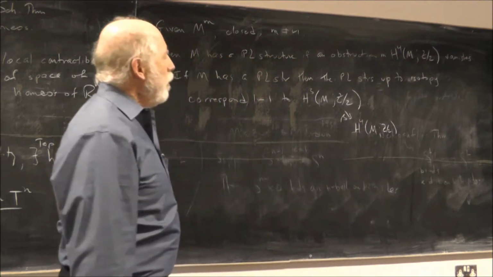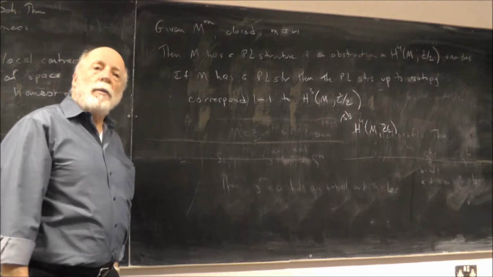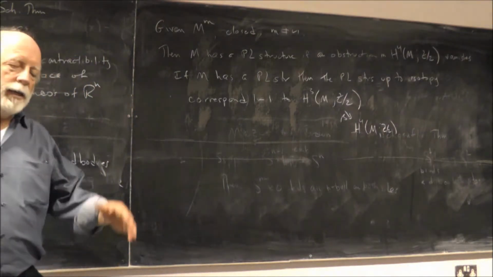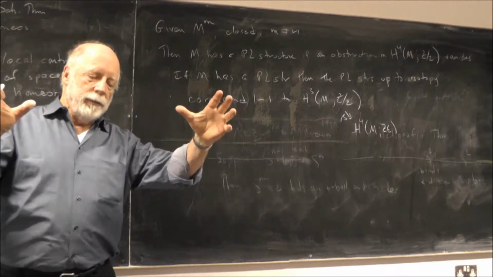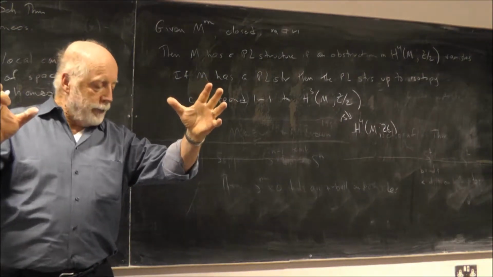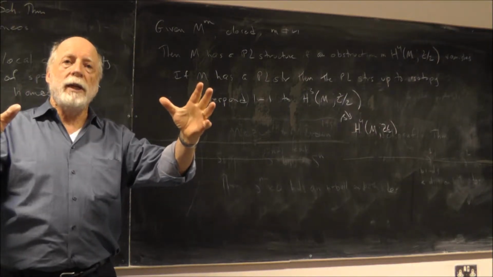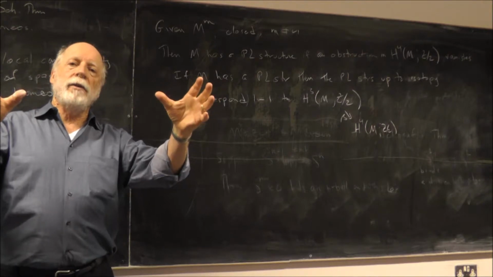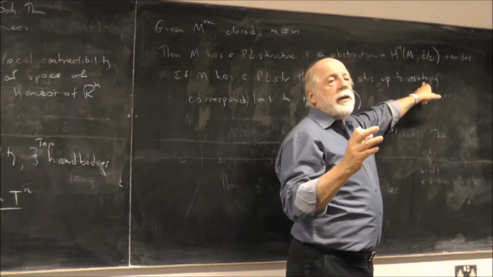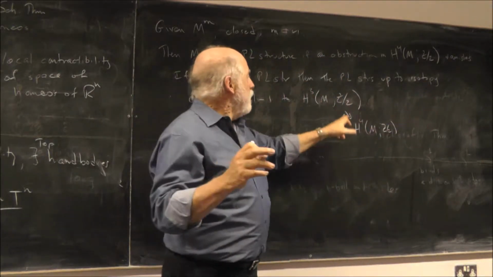So he pushed it forward, and then that classified PL structures up to homotopy. So in other words, the idea here is that you have these two PL manifolds, and it's the same underlying manifold. So you have a homeomorphism between these two PL manifolds, and this means that homeomorphism is isotopic to a PL homeomorphism. This means that homeomorphism is homotopic.